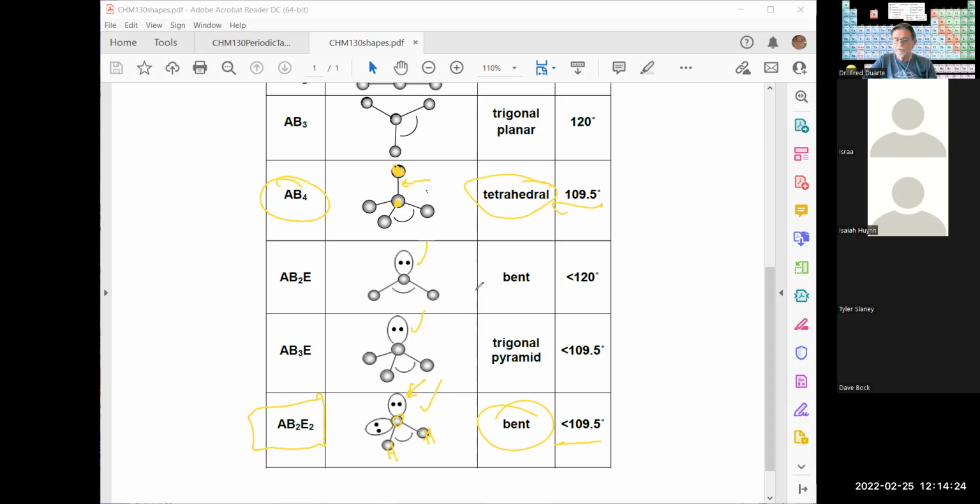The result is that these bond angles that we would anticipate to be 109.5, based on our reference point, are much less, because those lone pairs here and here take up most of the space. That bond angle gets squished in, and hence that's why we get less than 109.5.